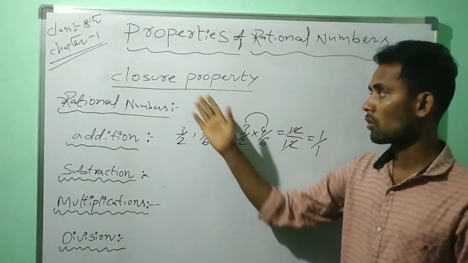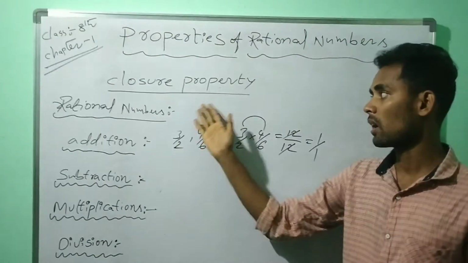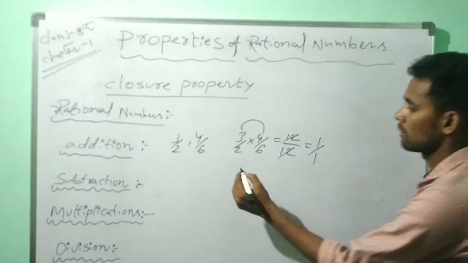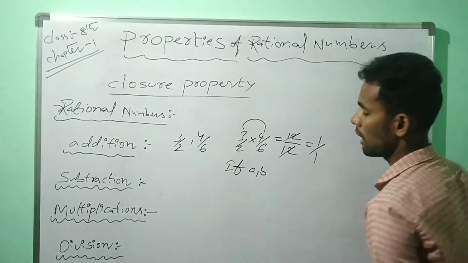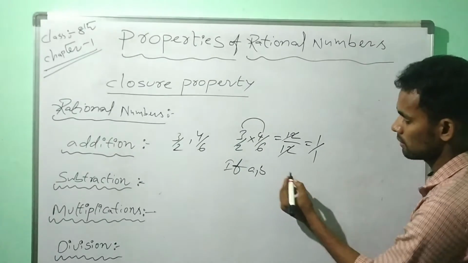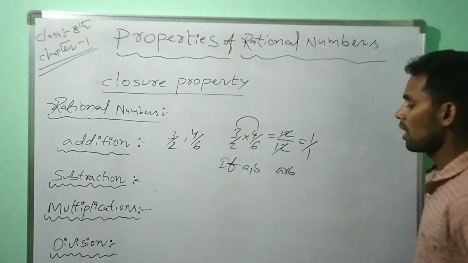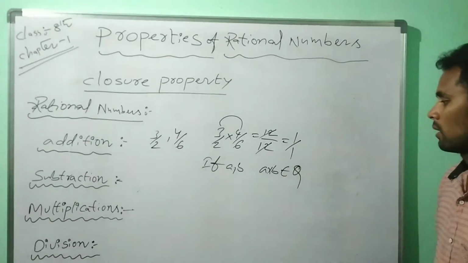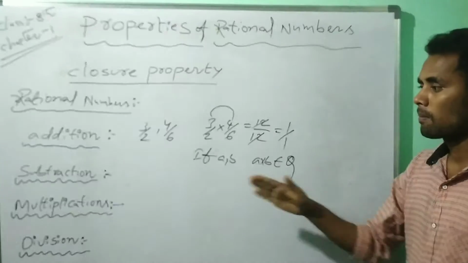So the closure property is satisfied under multiplication in the set of rational numbers. If a and b are any two rational numbers, then their product a into b is also a rational number. So rational numbers are closed under multiplication.